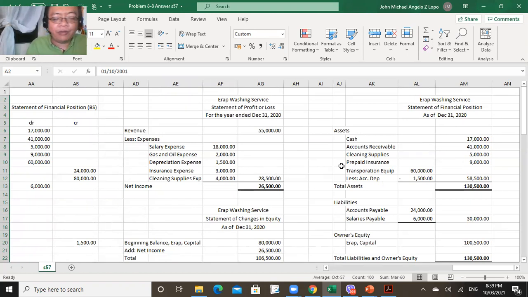You can use an Excel file like this, and eventually the reason is to understand well the essence and the value of accounting. Because without accounting, for sure, you cannot monitor the performance, the position, and the cash flows, at the same time the performance, position and conditions of the company. All right.